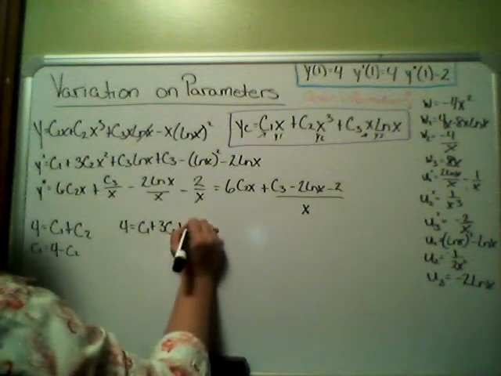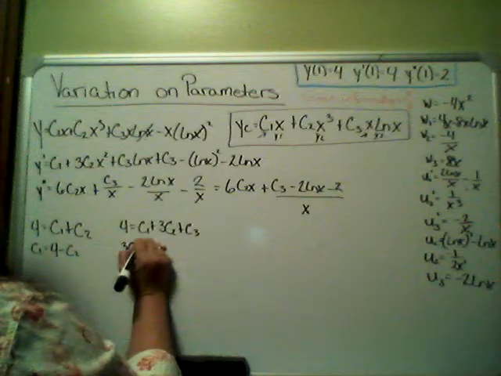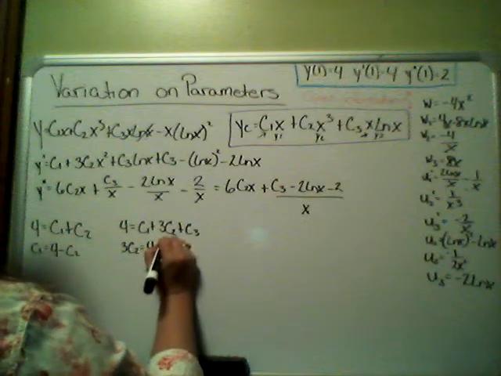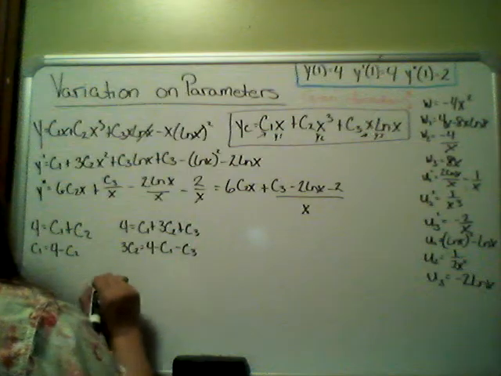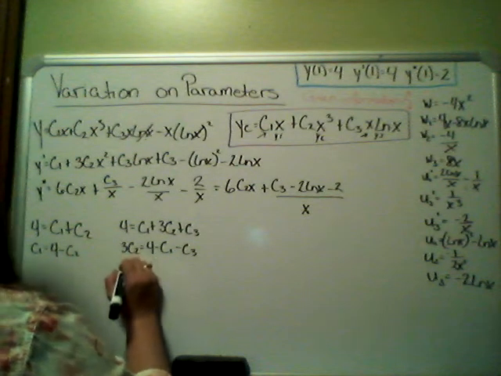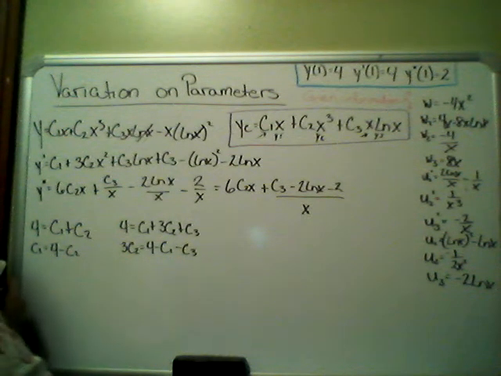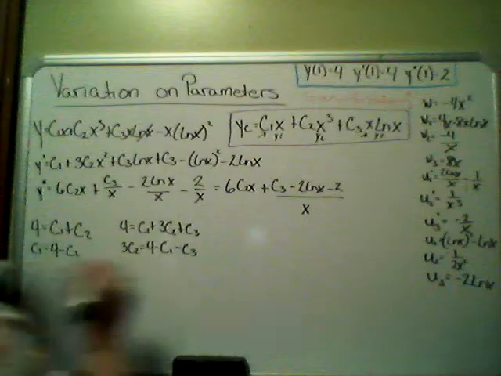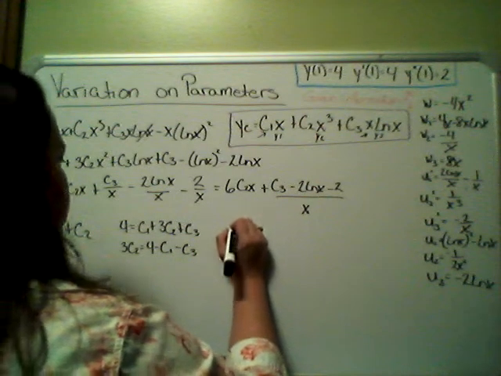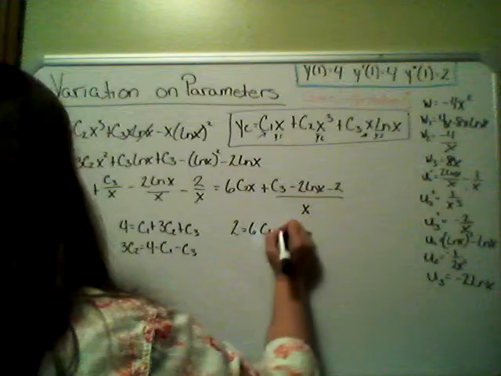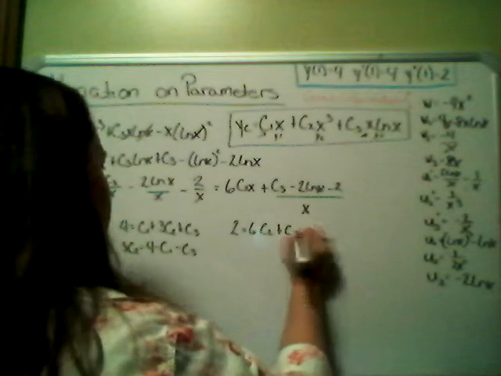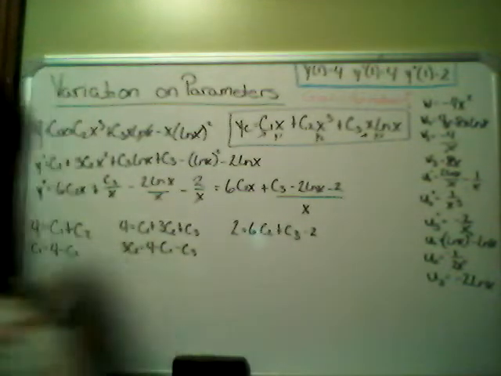Then we can say that 3C2 is equal to 4 minus C1 minus C3. And then we'll do the third derivative. So we'll have 2 is equal to 6c2 plus c3 minus 2.